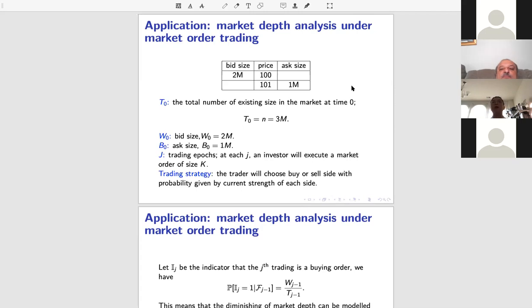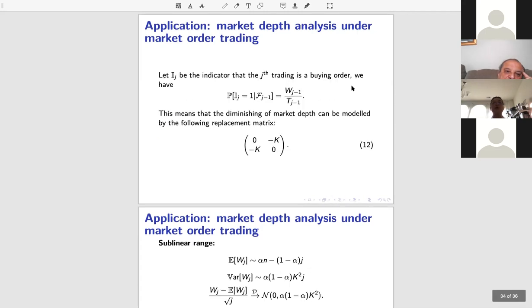So it's more possible that the price of the stock will go up, and the investor will choose to be on the buy side. If we define the indicator I_J to be the indicator that the J-th trade is a buying order, we have that, conditioning on the information from the previous step, it takes value 1 with probability equal to the proportion of white balls from the previous step.